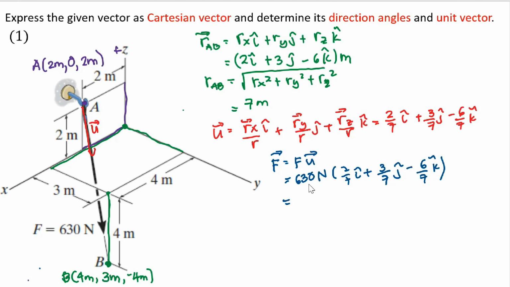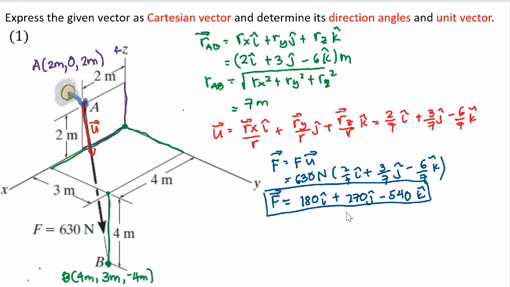That will be 630 times 2 over 7, that is 180 i hat, plus 630 times 3 over 7, that is 270 j hat, and 630 times negative 6 over 7, so that is negative 540 k hat. And this is now your force vector in Cartesian vector form.